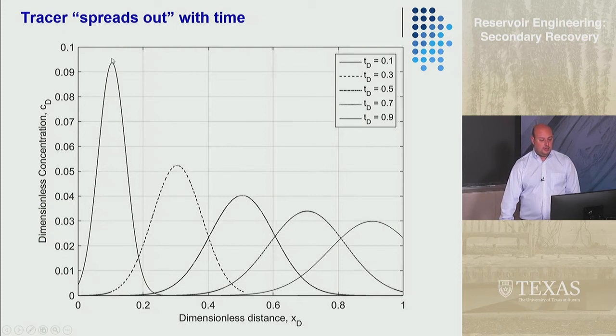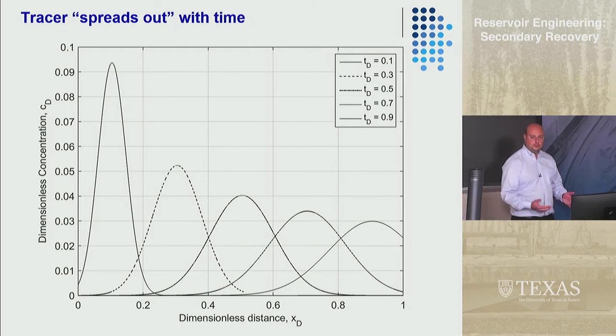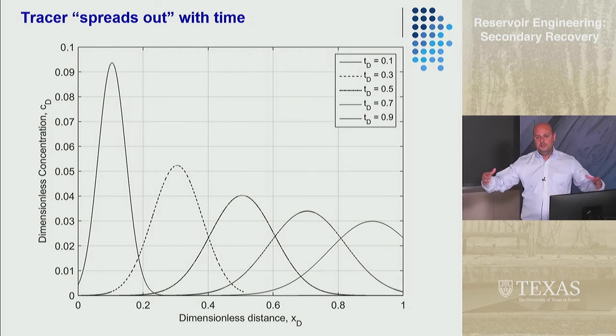And this is at early times, right? TD is 0.1, and you get this. And as you move down, you get more spreading, right? And that's similar to what we were talking about earlier with these mixing zones. As time goes on, it spreads out more and more, and that's what we get.